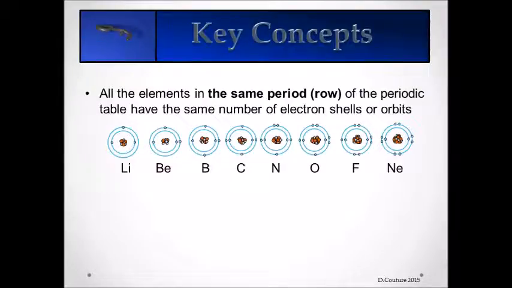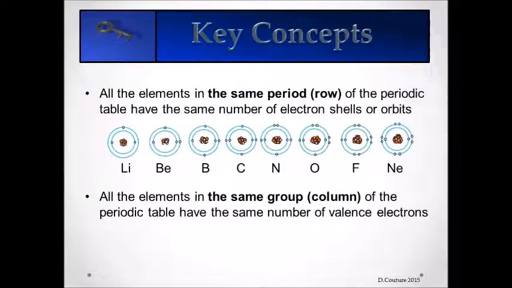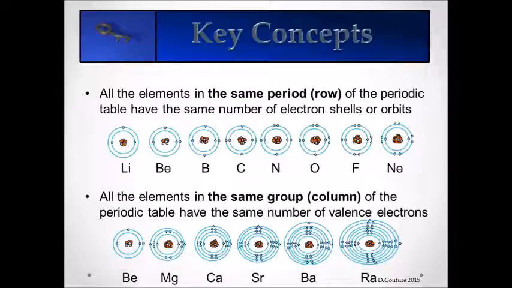A group is the column of the periodic table, and that tells us how many valence electrons each element has. In this case, we're looking at the second column of the periodic table, and each of these elements have 2 electrons on the outermost ring around the nucleus. So they are in the second group or the second column.